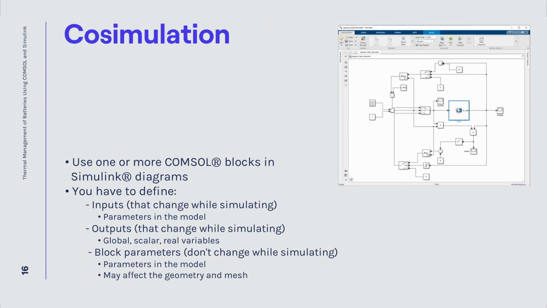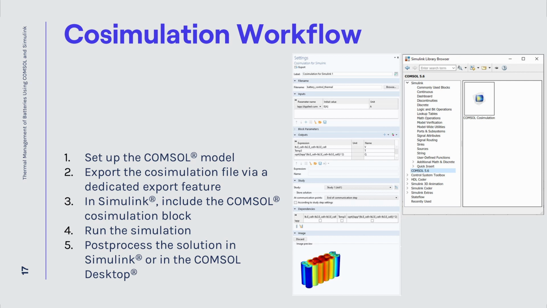Okay, another solution here. There are some built-in models. That's one also available here, and we will send you the link to that in the follow-up email. And the workflow is as follows. You set up the co-simulation parameters, the inputs and the outputs, inside the dedicated feature in COMSOL Multiphysics.